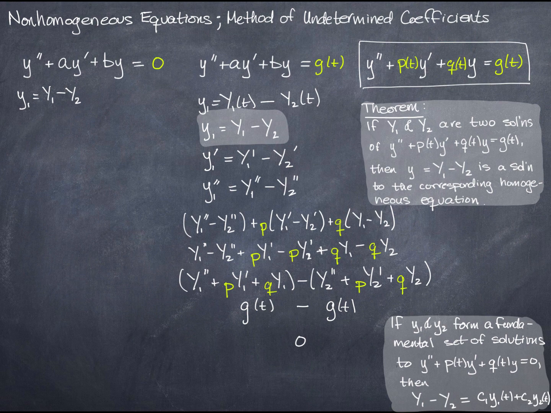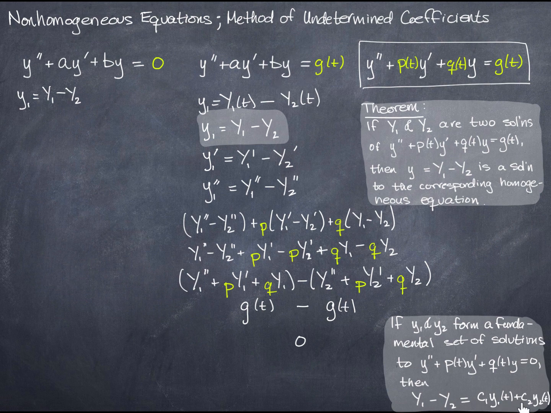In other words, if I find big Y1 and big Y2 and take their difference, not only am I finding a solution to the homogeneous equation, I'm finding all solutions to the homogeneous equation. Now I'm finding all solutions to this version, right? Not to this version.